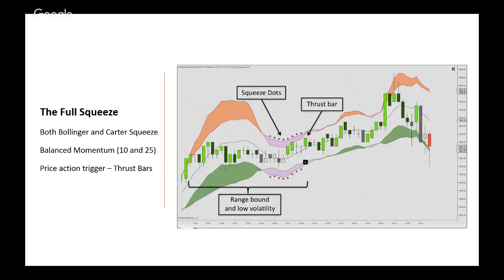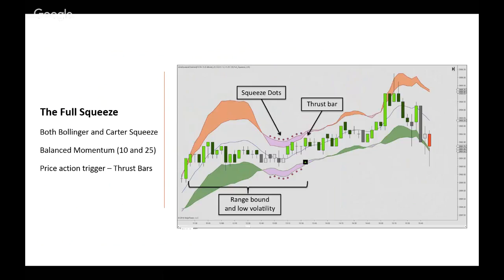And we also use price action or thrust bars to confirm the setups here. And so that is what we see here, an up thrust bar with a close above the high of the previous bar. For a down scenario, it would be a close below the low of the previous bar.